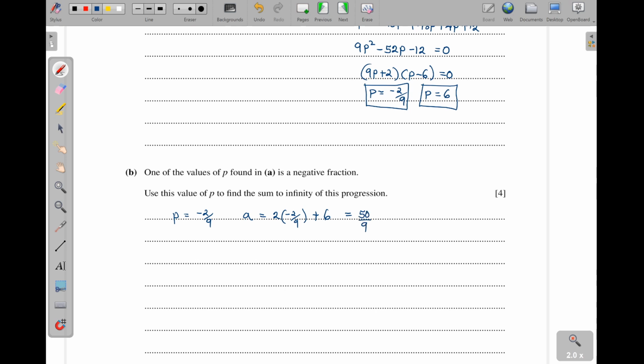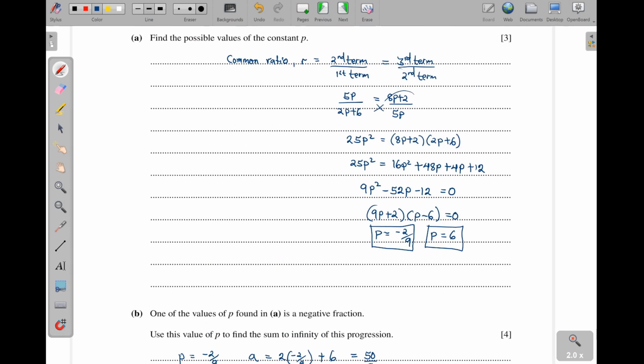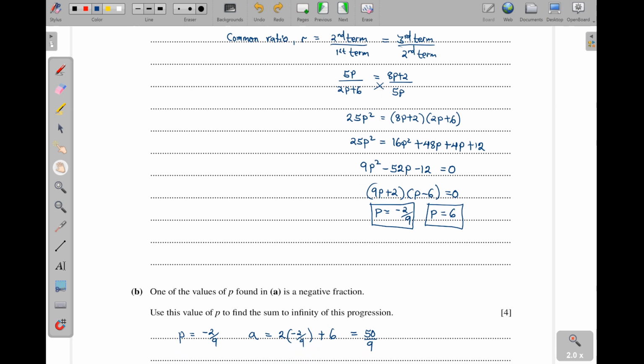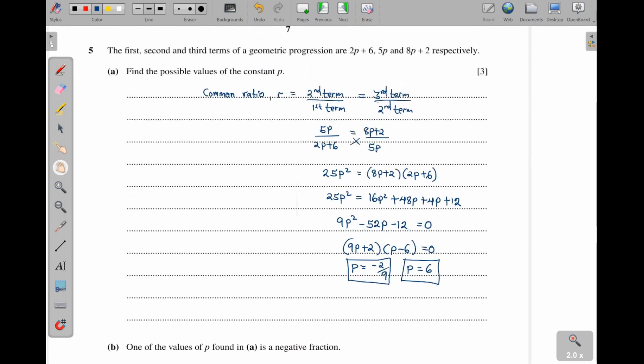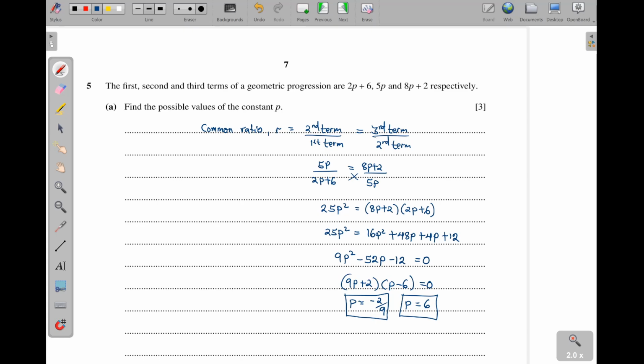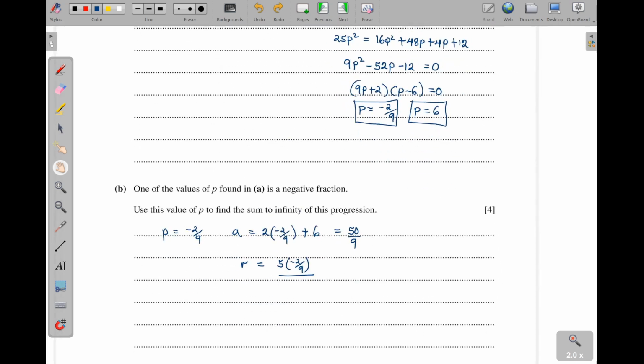Then from there, the common ratio r, I can use any of these two expressions. Suppose I take the second term, 5p. So we have 5 times p, which is negative 2 over 9. The first term I've already gotten here, so I don't need to waste time, I can just put it over 50 over 9.